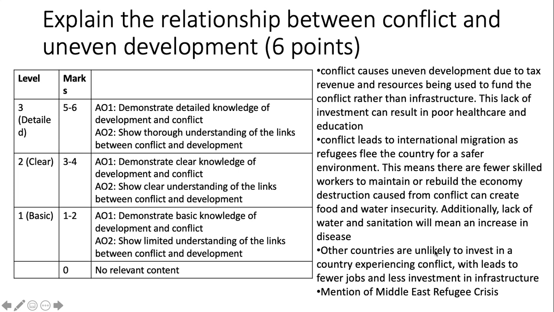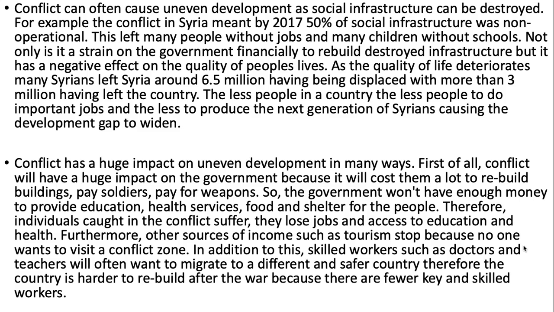And also, other countries are unlikely to invest in a country that is currently undergoing conflict, which means that they're not getting that foreign revenue as well. And what you could have used here was the Syrian refugee crisis, because we looked at that when we looked at migration.